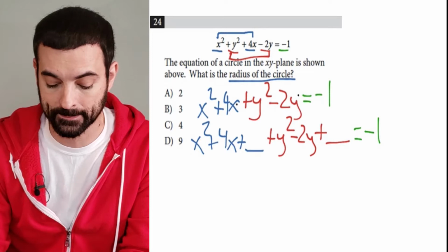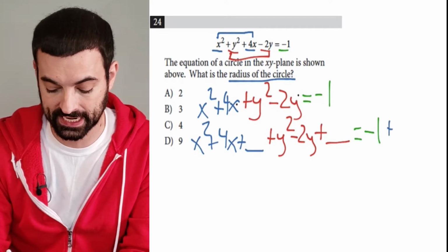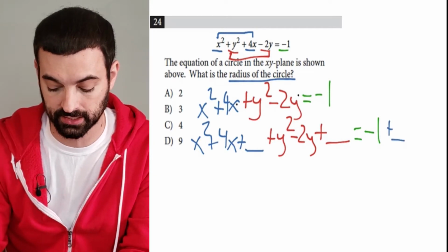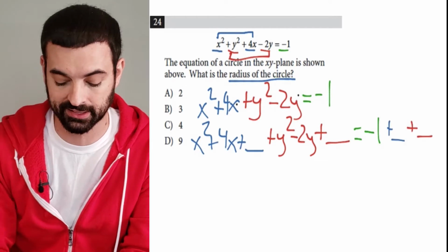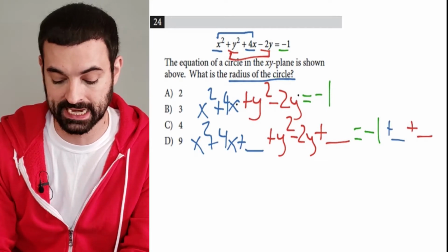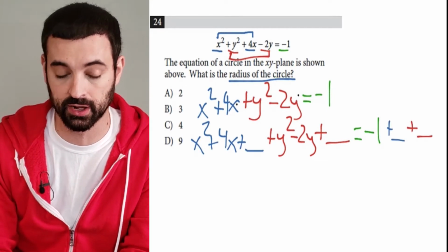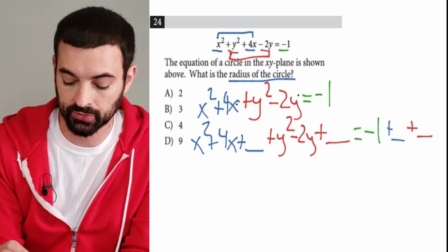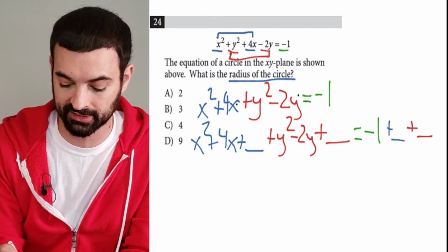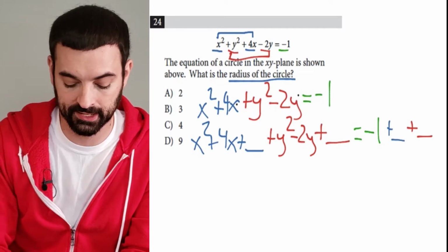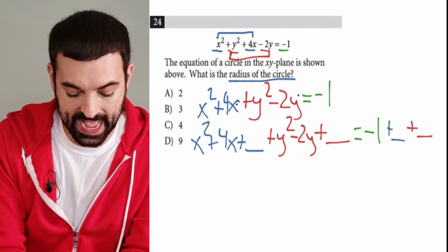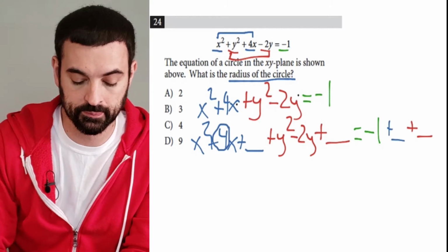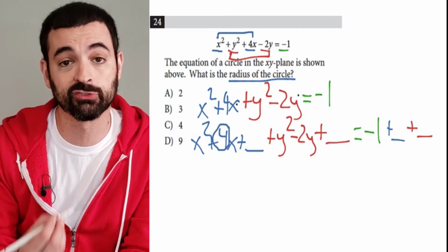And if I add a blank to the left-hand side, I have to add a blank to the right-hand side. So I'm putting both the x blank and the y blank in on the right-hand side. And I've used blue and red to indicate those. The numbers that I'm going to add, and this is the pattern, is 1/2 of the middle term coefficient squared.